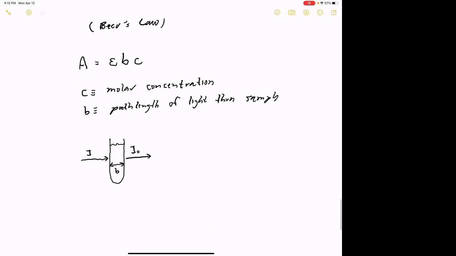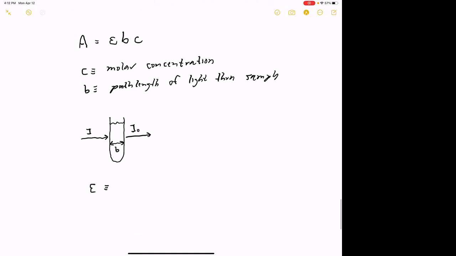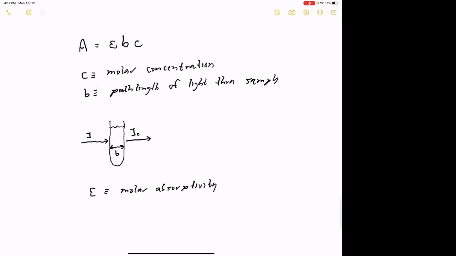And then finally, I've got this epsilon term. This is called molar absorptivity. Now, the one thing we haven't really talked about here is the ability of the thing that's doing the absorbance.